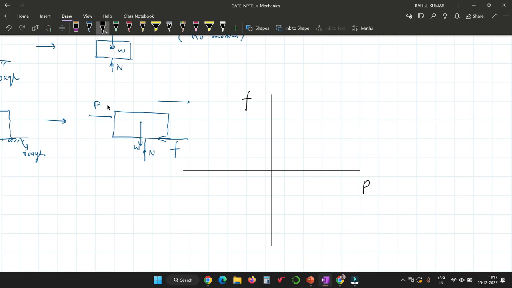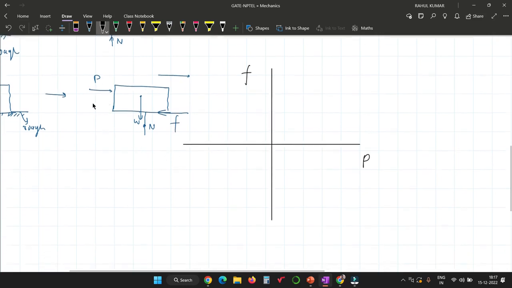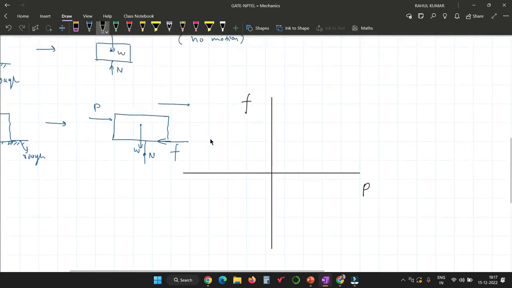Every time you apply the external force P, it will be balanced by F, but after a certain extent, the force P will not be balanced by F, which means P overcomes F. That amount of force P is called the maximum limiting frictional force.